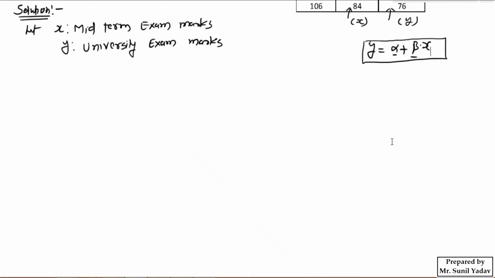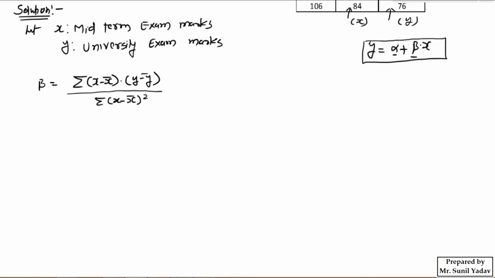To calculate beta we have the formula: beta equals summation of (x minus x bar) into (y minus y bar), divided by summation of (x minus x bar) square. By using this formula we can estimate beta.